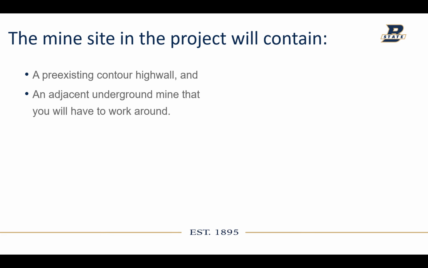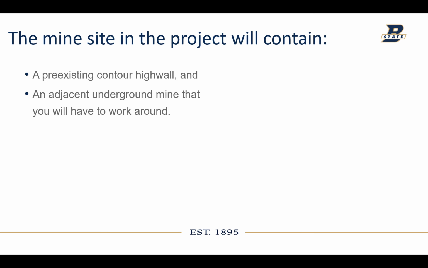And what we are going to do is come in with modern mining techniques and modern coal prices, and determine how much more of that we can mine. And then we'll also take that new highwall, do some highwall miner projections, and then show the phased reclamation of it. There will also be an adjacent underground mine that you'll have to work around in certain ways.